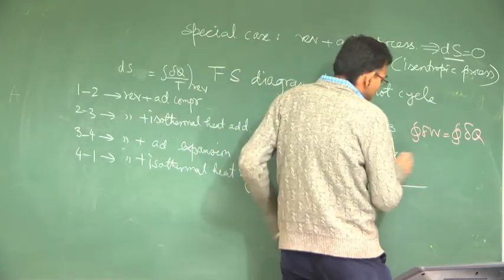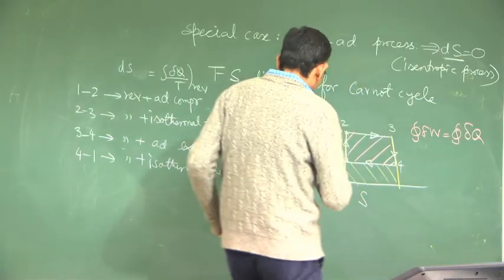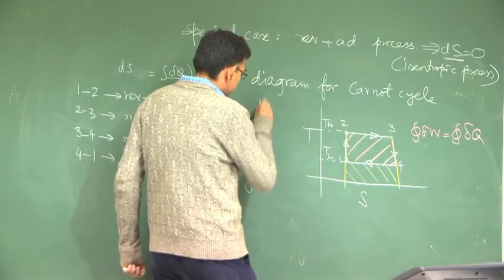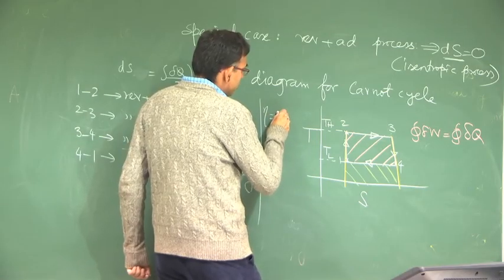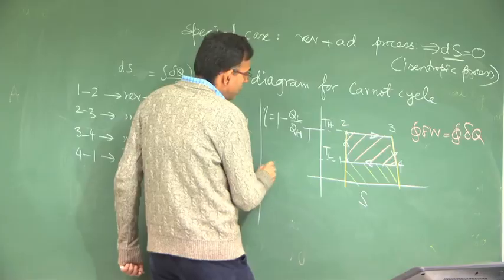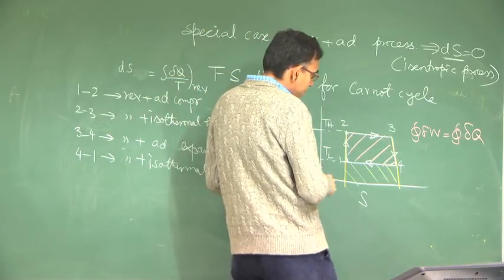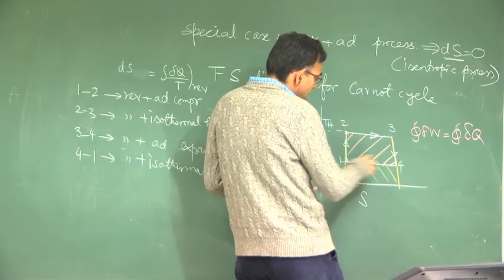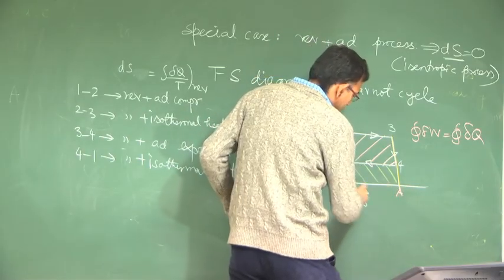So efficiency, let me write it here, is equal to 1 minus QL by QH. QL is this area, let us put some names here, 1,4 AB.